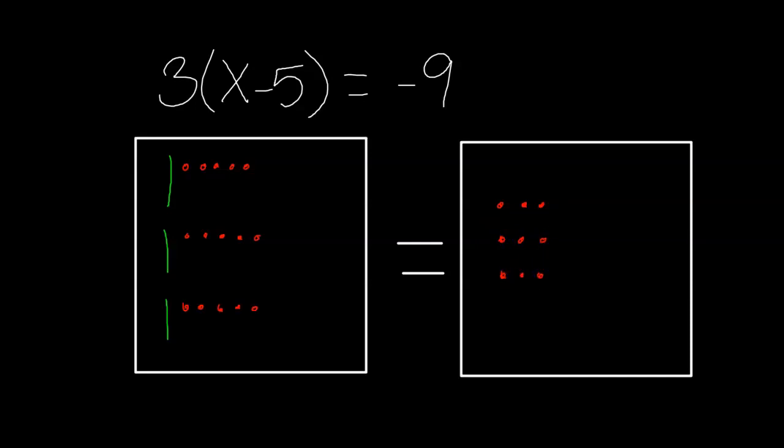I always work on the side that has my variable, so I'm looking at that left-hand side. So since I actually have 5, 10, 15 negatives on that side, I'm going to add 15 positives. What you do to one side, you do to the other, so I'm going to add 15 positives. I got to get rid of my 0 pairs.